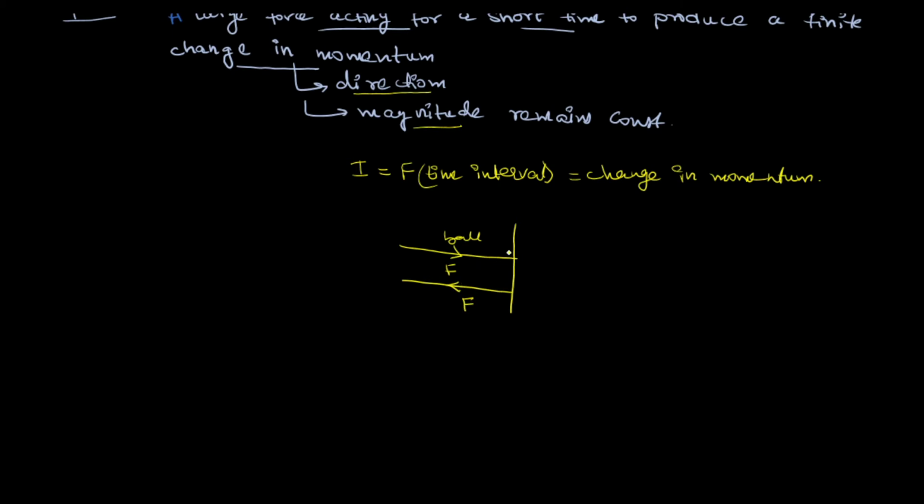Here the ball has some mass m and it is traveling with velocity v, the initial velocity, vi, and it is the initial momentum of the ball. And this ball strikes this wall for a short interval of time.